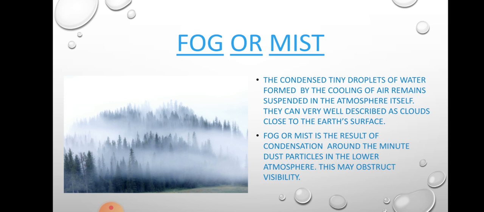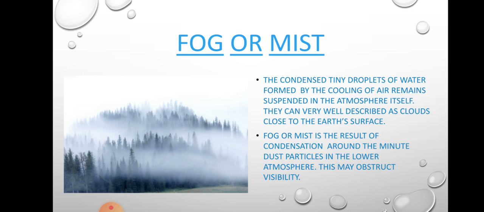The next one, the third one, fog or mist. When we go to Ooty, Kodaikanal, and hilly regions, we always come across this type of scenery. It's very beautiful scenery that we can observe from the top of the hills.